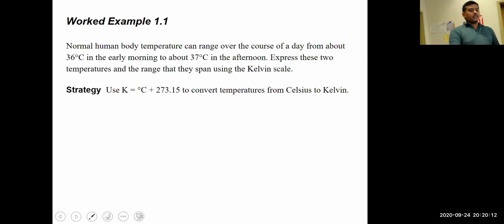So you can simply say 273 or 273.15. Those two numbers are correct. Not having 0.15 is totally fine, because it is not going to make any significant difference in your answer. A lot of times you just get by using 273. So it is not an issue.